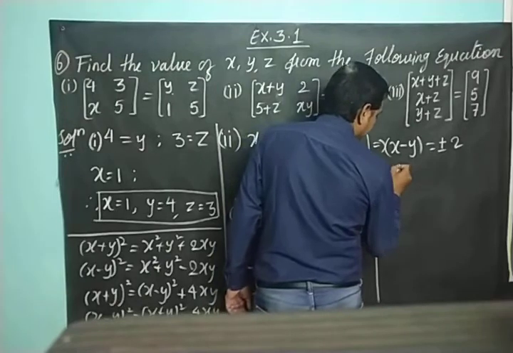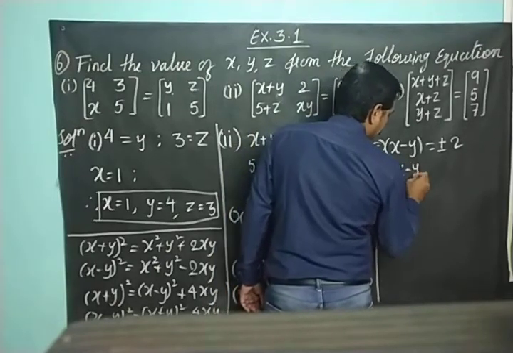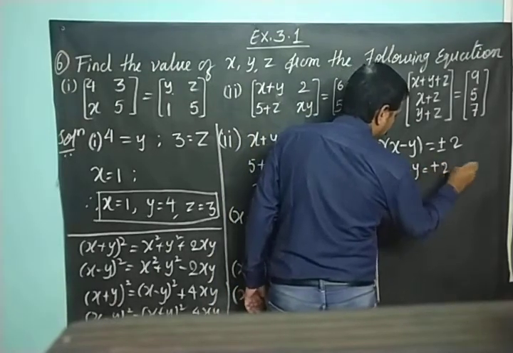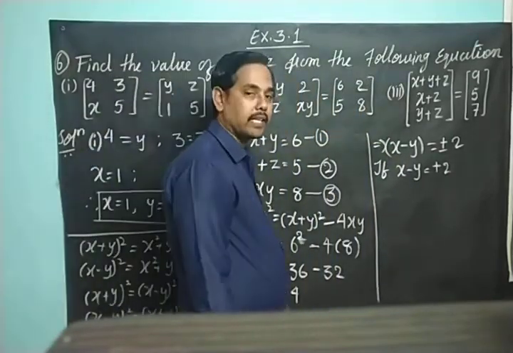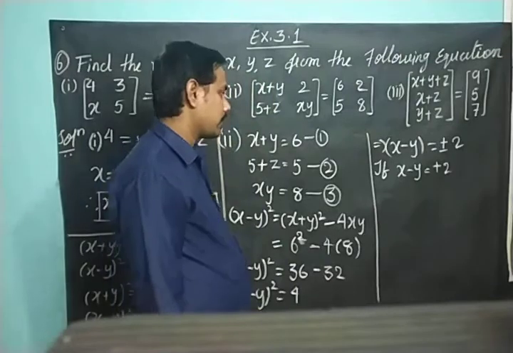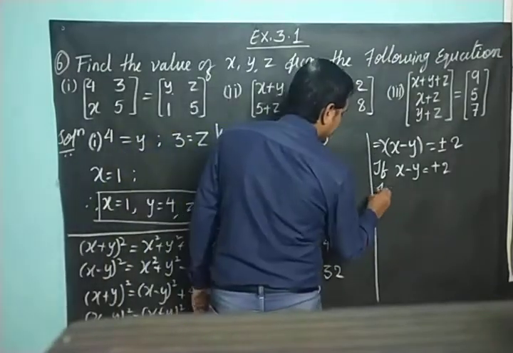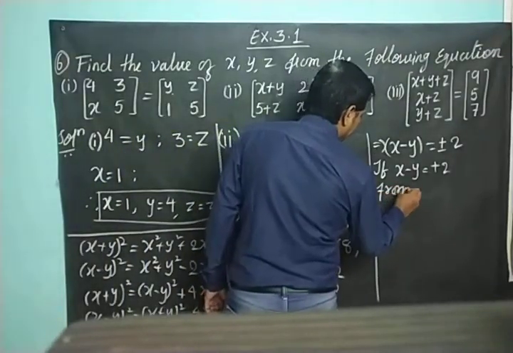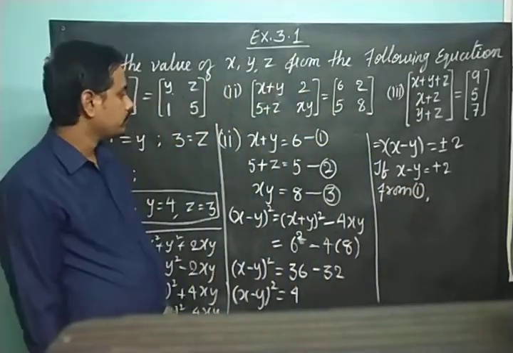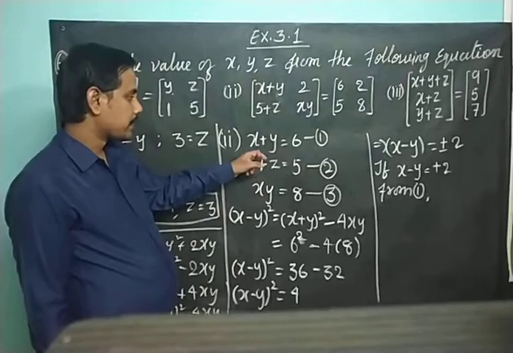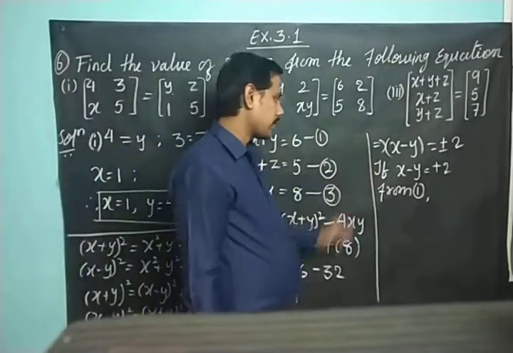If x minus y is equal to plus 2, then x plus y is 6, x minus y is 2.